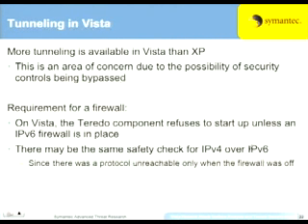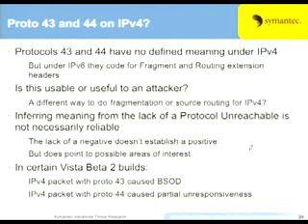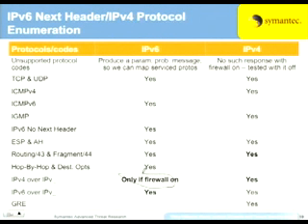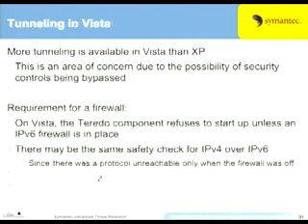And there may be the same safety check for IPv4 over IPv6. That's because of this right here, that IPv4 over IPv6 only showed up when the firewall was on. It didn't show up when the firewall was off, which is kind of the opposite of what you normally expect because firewalls do filtering. So that's one possible explanation as to why we get that result.